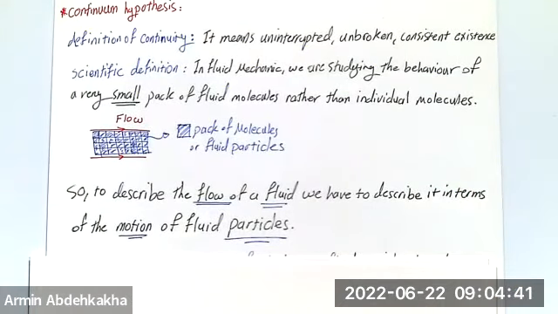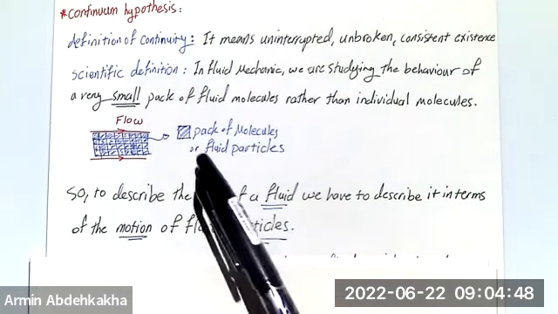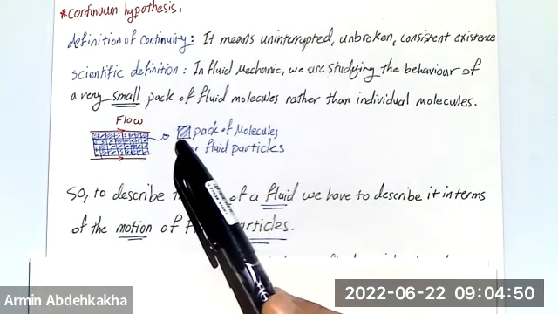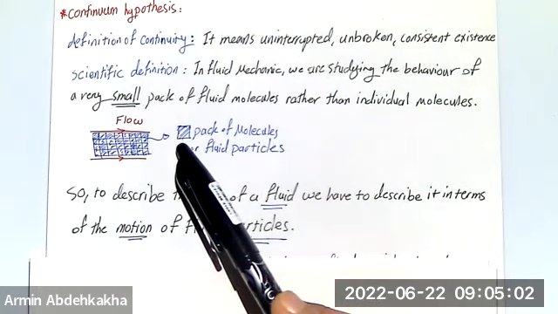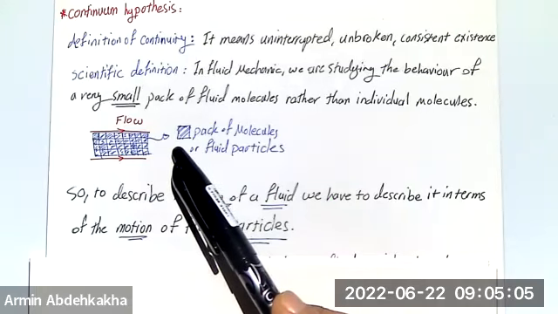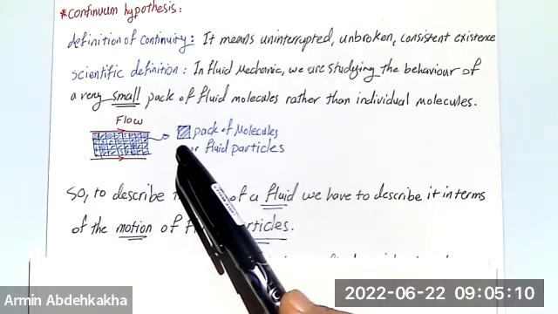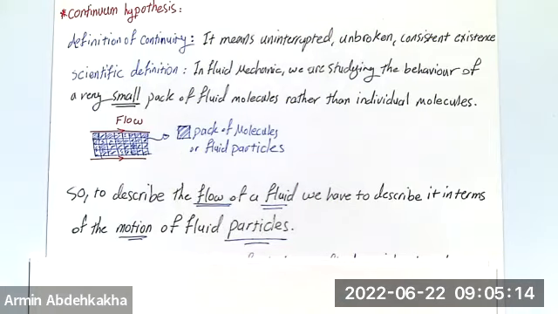To describe the flow of a fluid, we have to describe it in terms of the motion of the particles. If you consider that this pack of molecules is a solid part, then you can apply velocity, acceleration, and everything, like the motion of a rigid body, and apply all the formulas like Newton's first, second, and third laws on this particle.